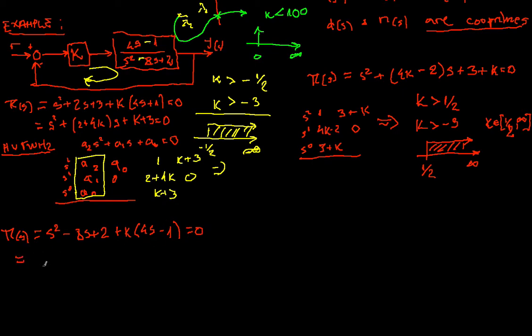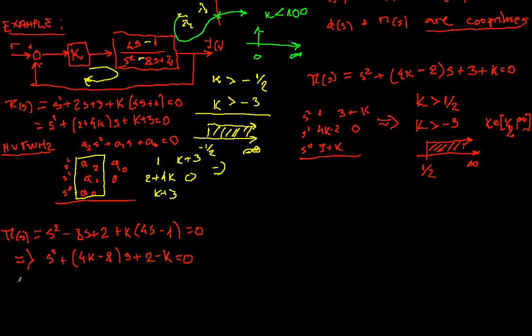Such that s squared leads to the following conditions, that we have s squared plus (4k minus 8)s plus 2 minus k equals 0. What I constructed in this case is the following.